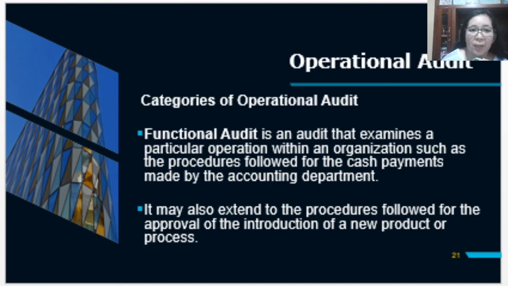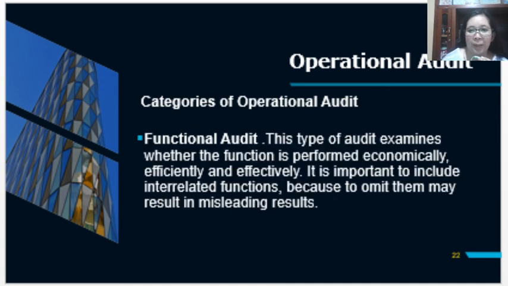So this may also extend to the procedures that are followed for approval of the introduction of a new product or process. So this is another example of the functional audit. Okay, so this type of audit will also examine whether the function is performed economically, efficiently, and effectively.